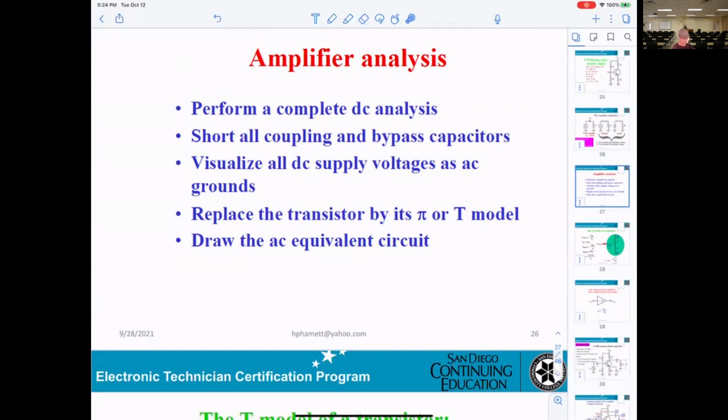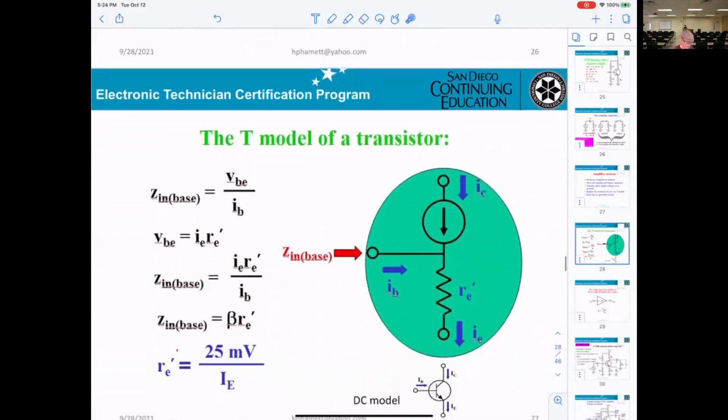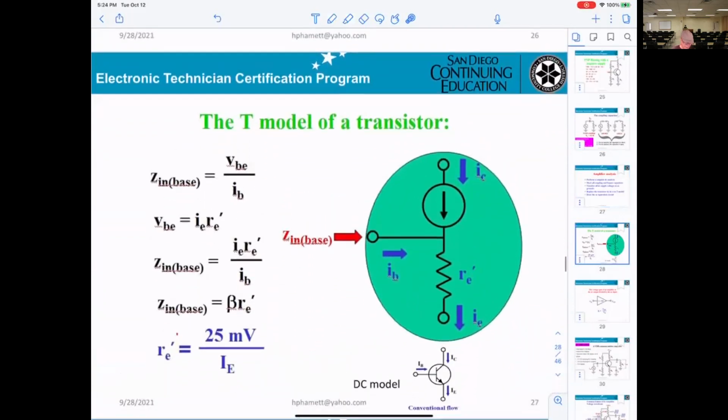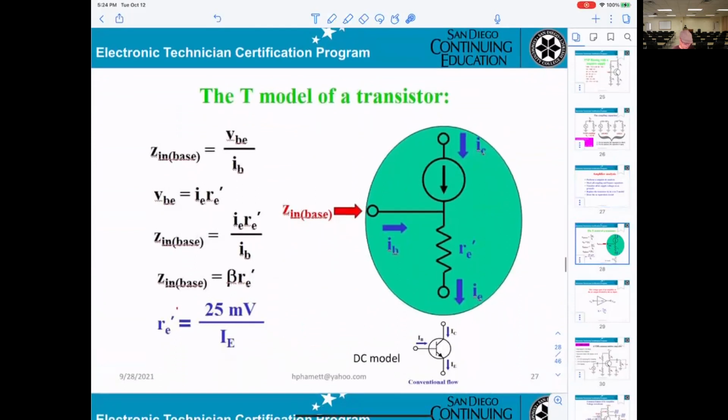Replace the transistor by its pi or T model and draw the AC equivalent circuit. Now this is the transistor itself for the AC model. This is the collector here, and this is the emitter, and that will be the base.